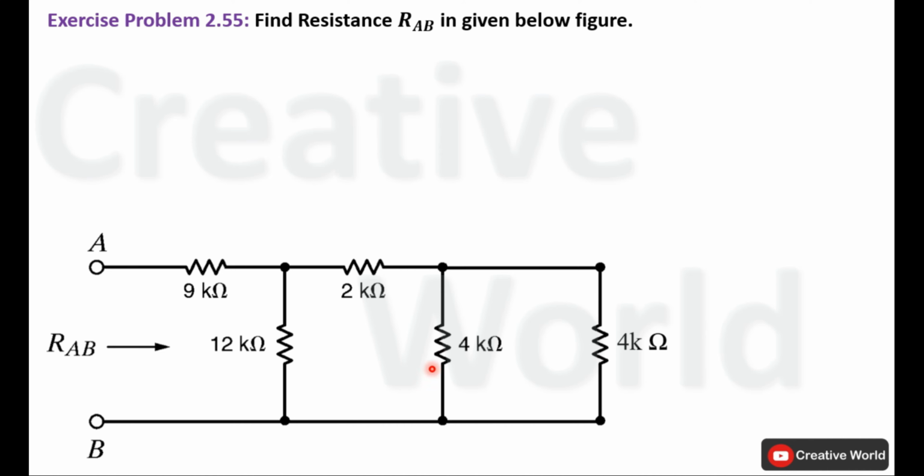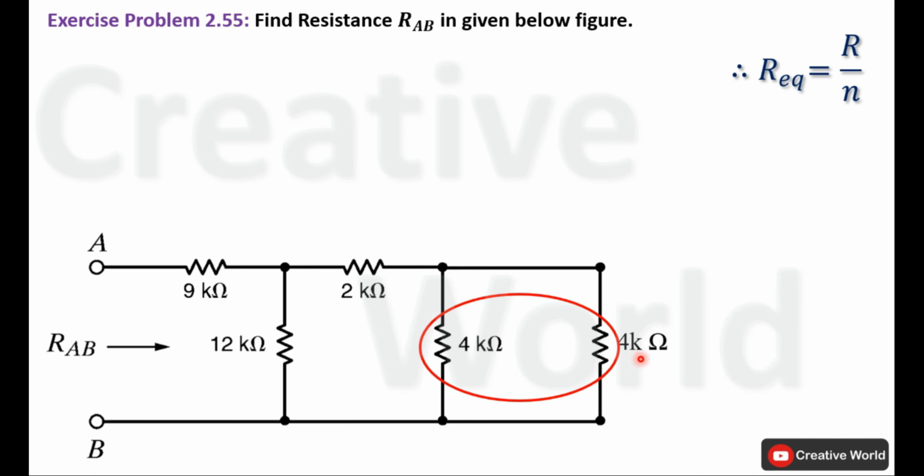Now these two resistances are converted into a parallel connection. So we will use the parallel equivalent resistance calculation formula. In this case, we will use this formula to calculate the parallel equivalent resistance of these two resistances because both resistances have the same value. R is the value of a single resistance.